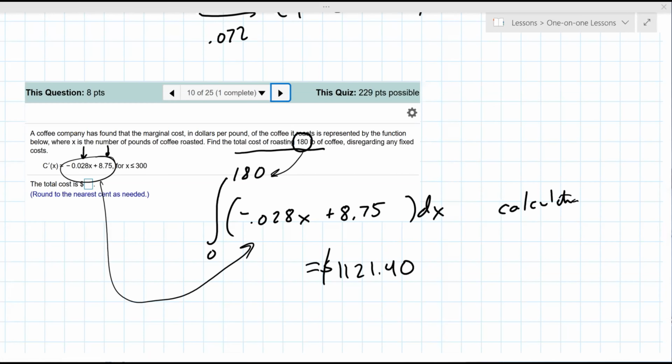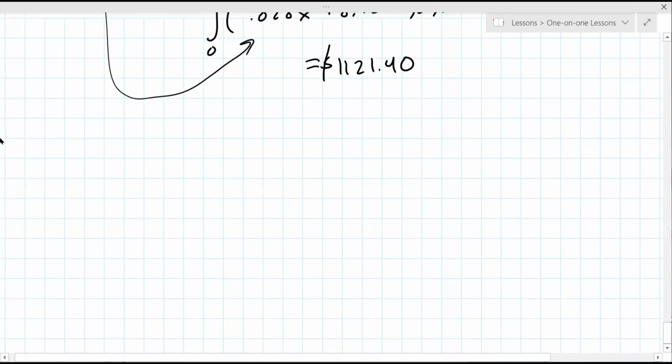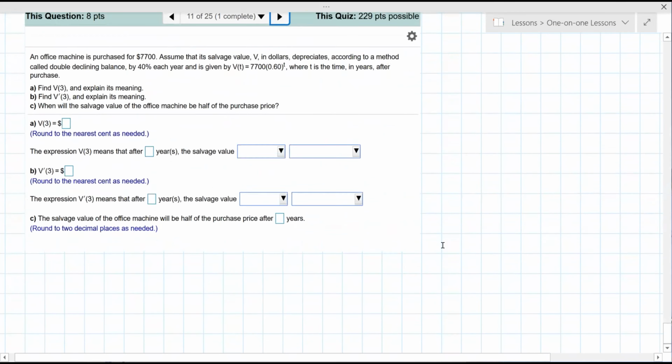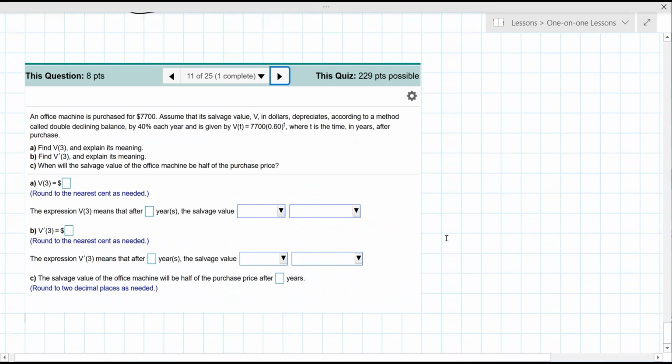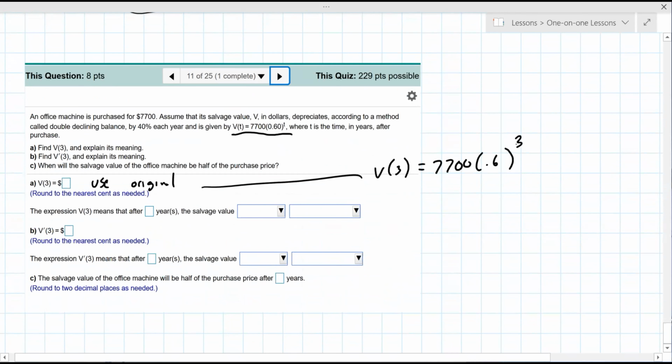Let's see. All right. An office machine is purchased for 70. Okay. So they give you the V of T here, and they want to know V of 3. V of 3 means to use the original function. So V of 3 equals 7,700 times 0.6 to the power of 3.